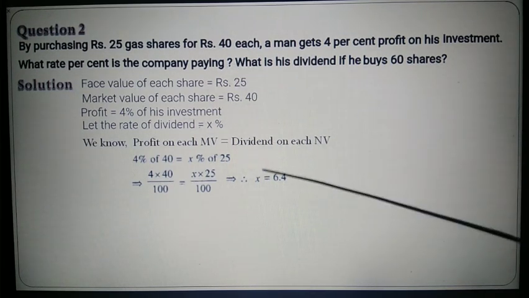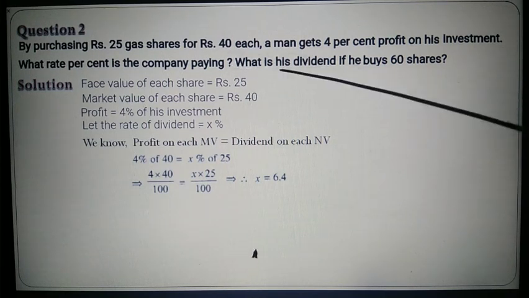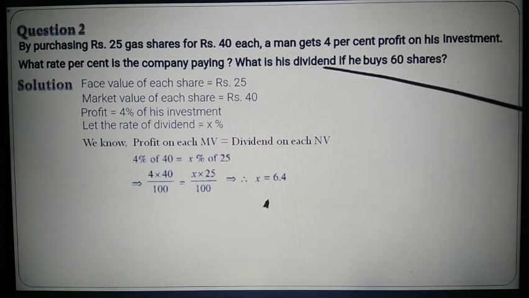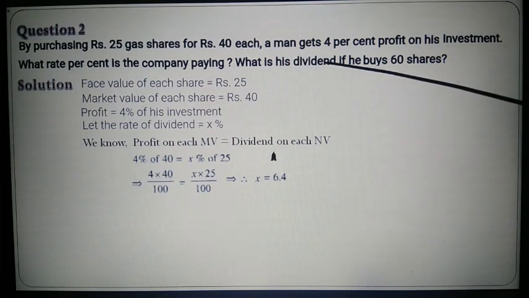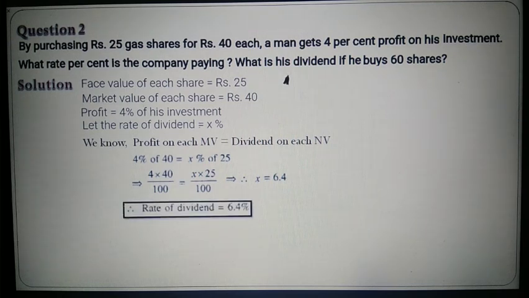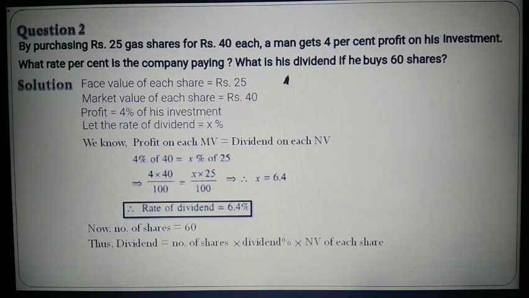So we have found our first answer. Next, what is the dividend, that is the amount received if he buys 60 shares. We have the rate of dividend as 6.4% and number of shares as 60. We are familiar with this formula: dividend equals number of shares into dividend percent into NV of each share.